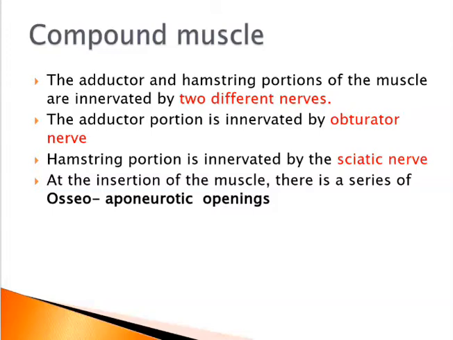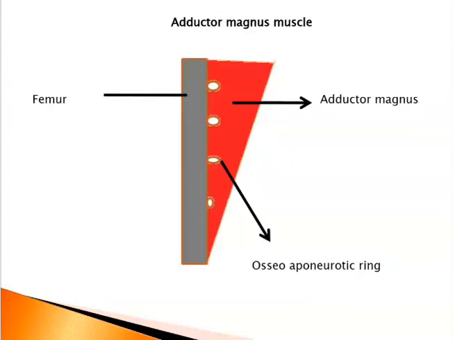One more interesting feature is at the insertion of the muscle. All along the adductor magnus, there are a series of openings called osteoaponeurotic openings. We will see what these are. In the schematic diagram, you can see the adductor muscle represented in red, and how it is attached to the femur all along the linea aspera.